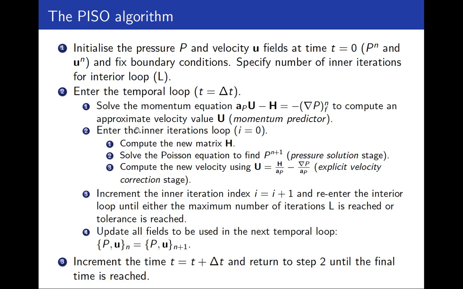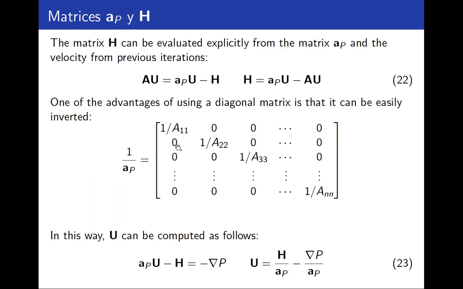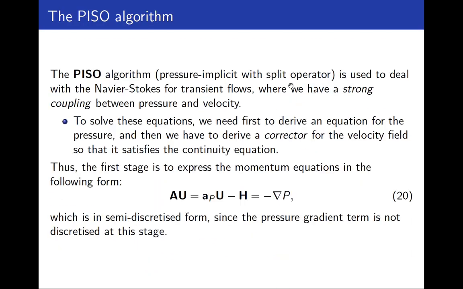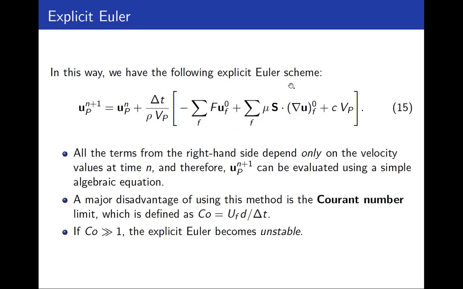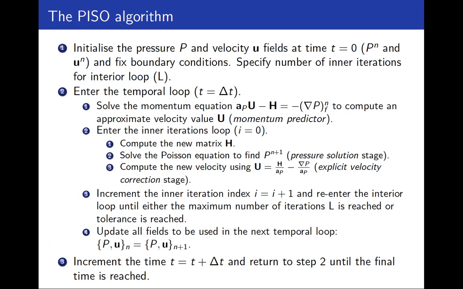And then you enter the inner iteration loops. So you start with I equal to 0. And the first step of the inner iteration loop is that you will compute the new matrix H using, remember, this equation H. The matrix H can be evaluated explicitly. But now you will use the value of u that was calculated in step 1 here.